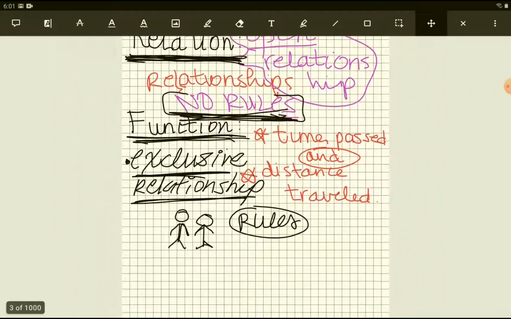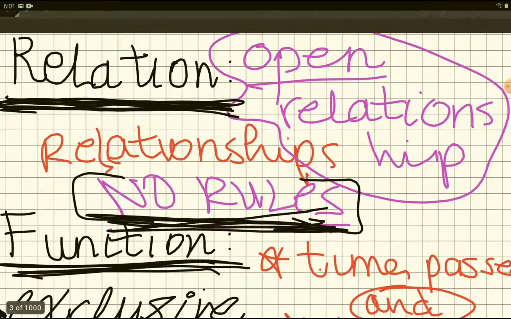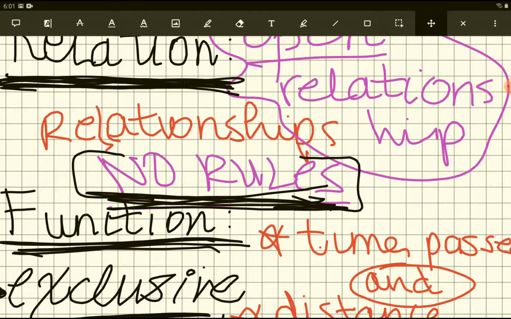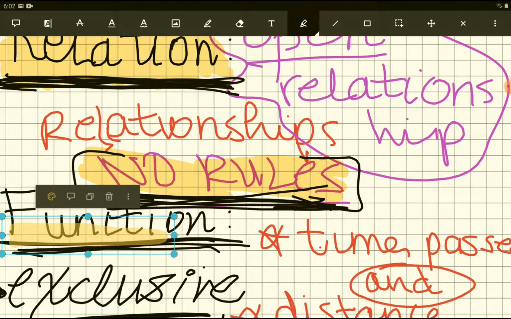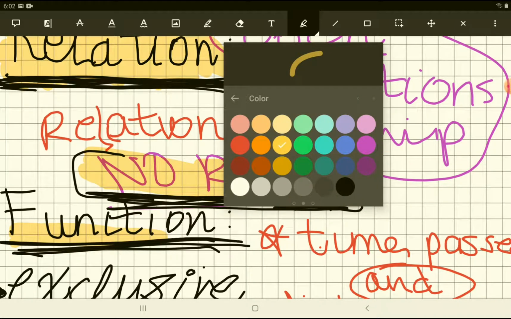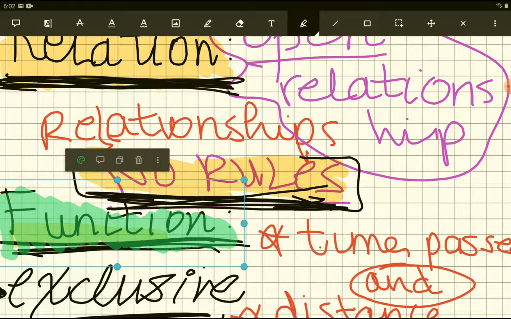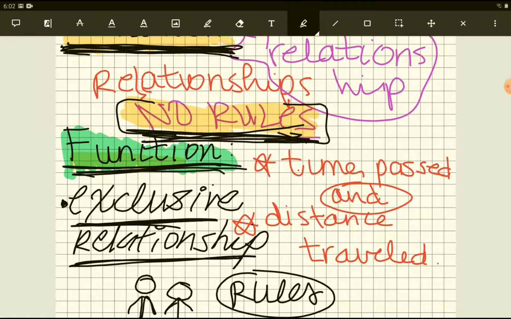But the bottom line is, in math, guys, relations have no rules. Now a function has rules.